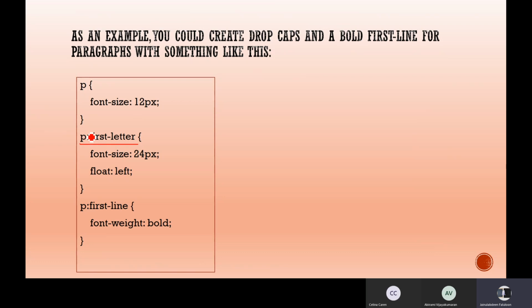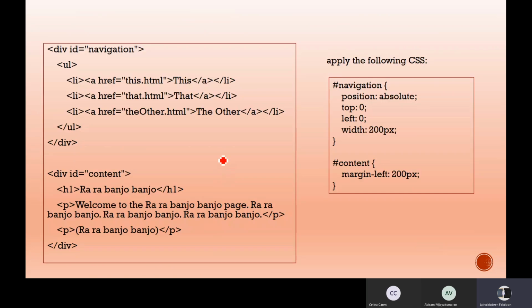For that one, the paragraph is made as a drop cap. So for that one we are using P colon first letter. So the first letter is made as a specific class here, right? And the first line we give some indentation. Okay, from that you can create.